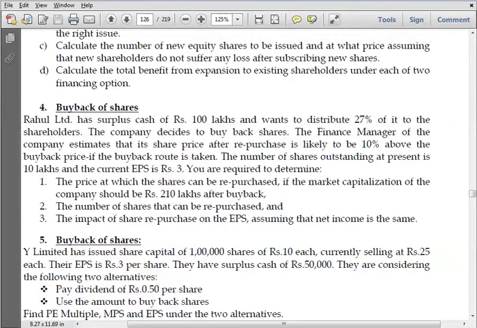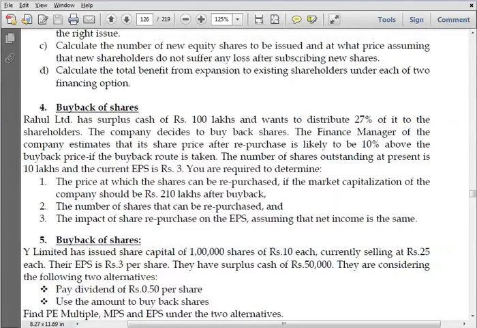Number of shares are 10 lakhs, and hence total earnings will be 30 lakhs. Next point.